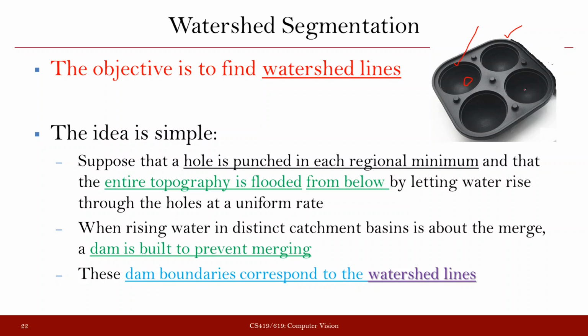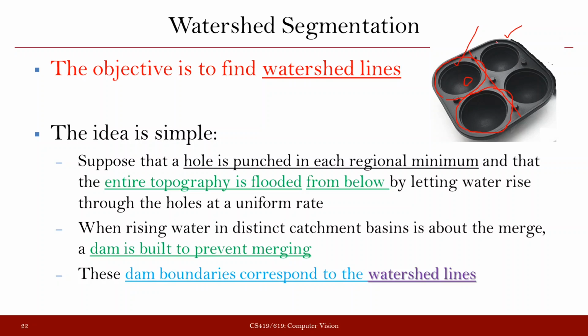In this representation of our 2D image, our objective, if you want to segment this image, is to find some lines inside this image which are the watershed lines.